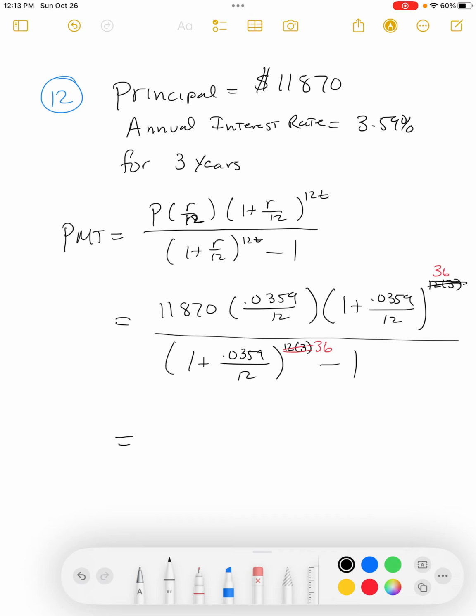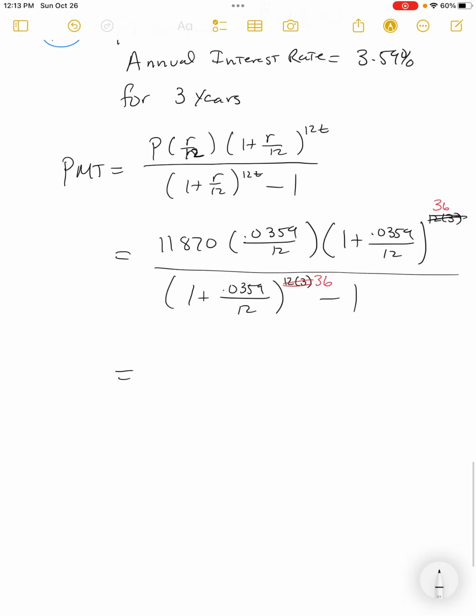So what am I plugging in? I'll write it as I type it. I'm plugging in 11,870. Just typing in open parentheses, 0.0359 divided by 12, and close the parentheses.